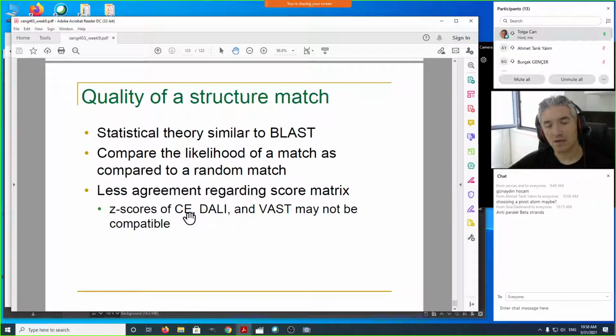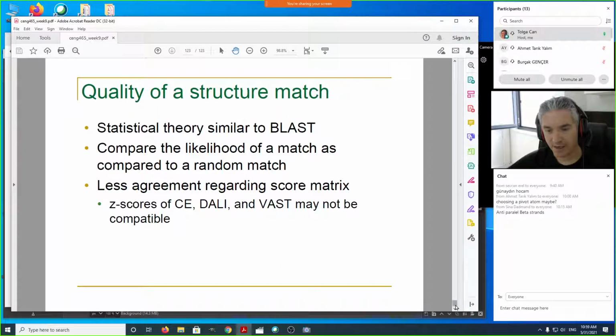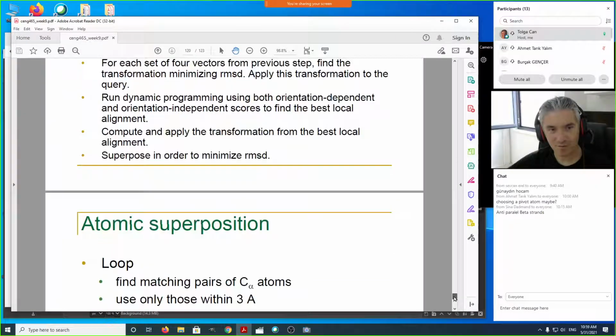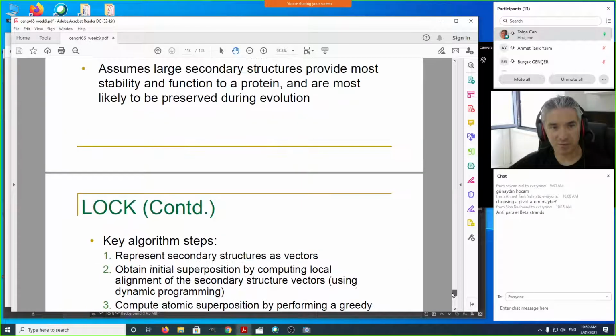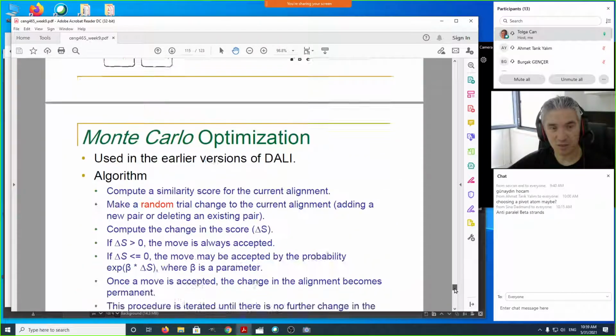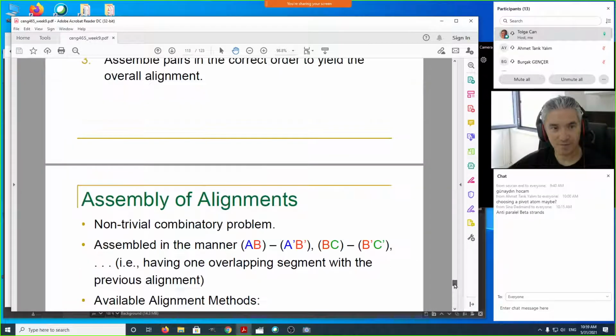Many of the algorithms like DALI give you as a result a z-score, which tells you how different the alignment is from the null distribution of alignments between unrelated protein structures. So they're compared against a random match. And the only thing that I'm going to mention that is remaining, so LOCK and VAST, you're not responsible for the details, and you're not responsible for the branch and bound and Monte Carlo part of the DALI algorithm.